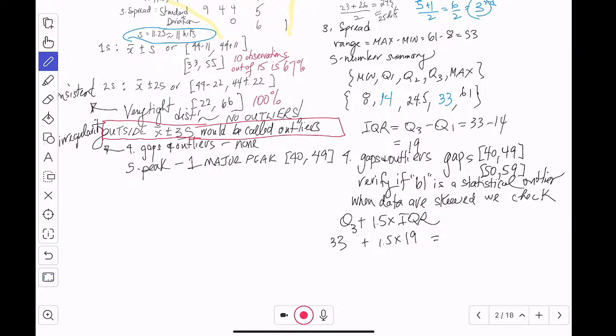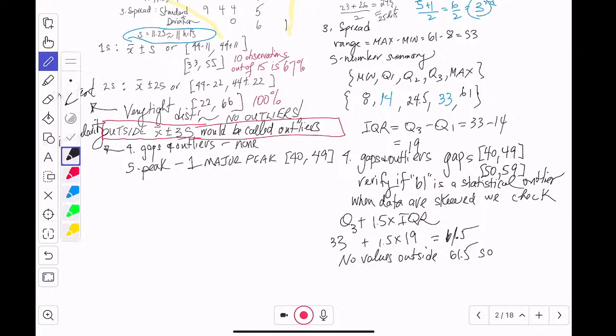Very good. So this one's 61.5. So it means there are no values higher. Actually, as much as 61 looks obscene, it's just on the border, just before the threshold for outliers.